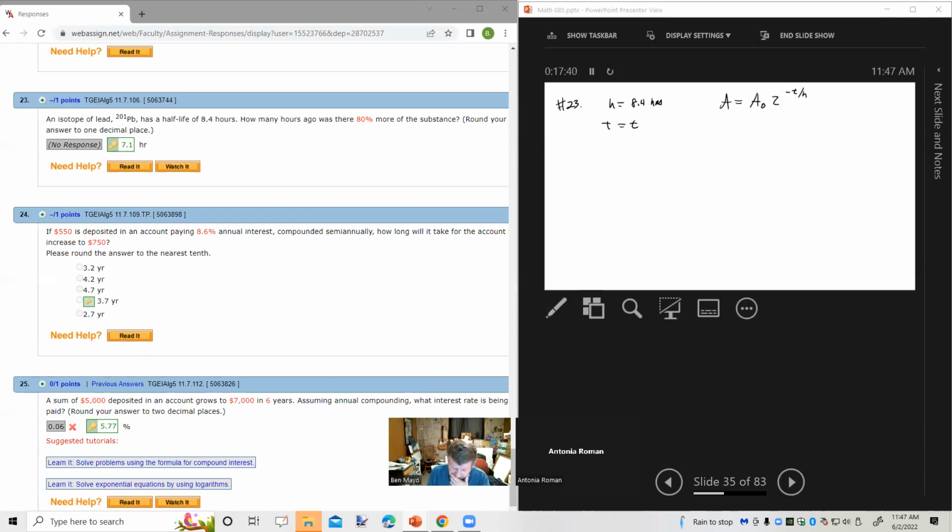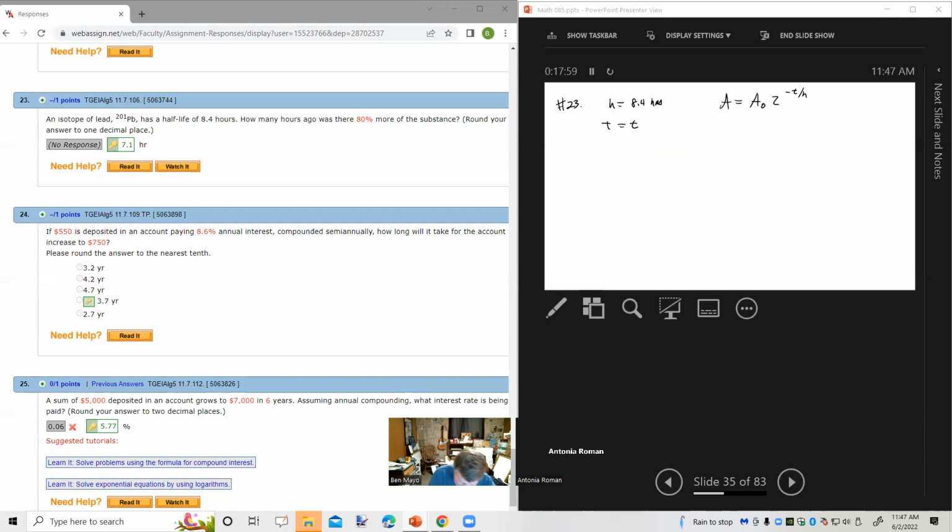We've got our formula. We know the half-life is 8.4 hours. We want to know the time. We need to figure out the relationship between A and A sub 0. Now, in the previous problems, I've said A sub 0 equals A sub 0 and A equals some percent of A sub 0.